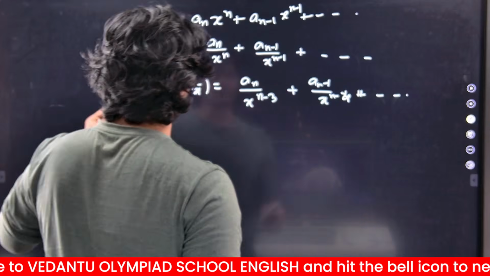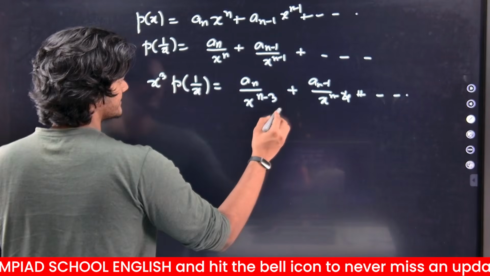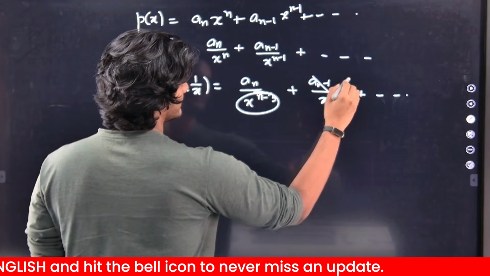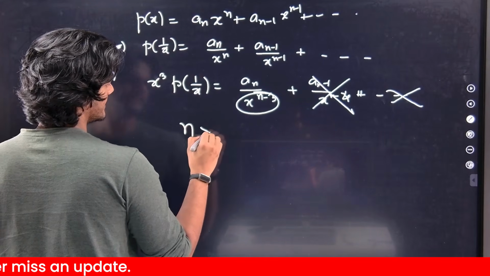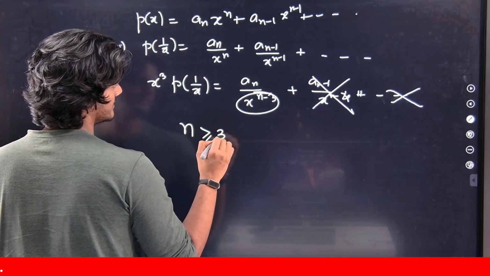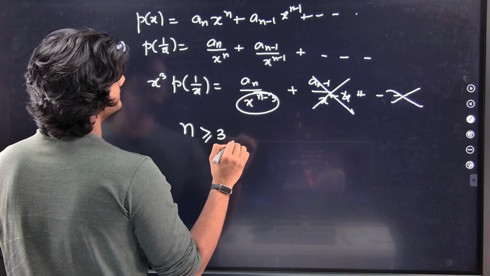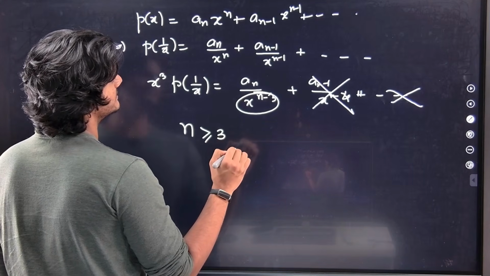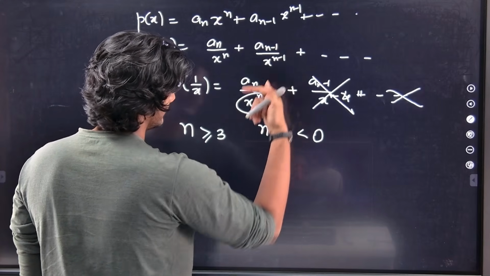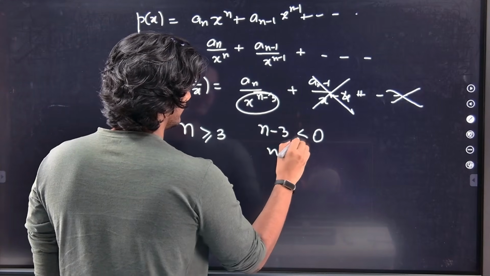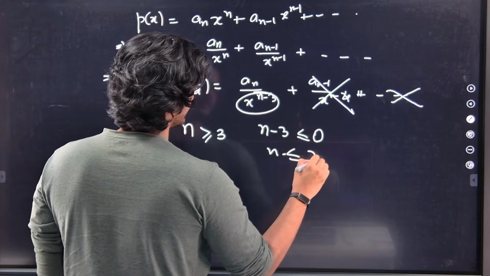So if we don't have it in the denominator, that means all of these don't exist. That means n is greater than or equal to what? I want n minus 3 to be less than or equal to 0, right? So that it is in the numerator. N is less than or equal to 3, not greater than.